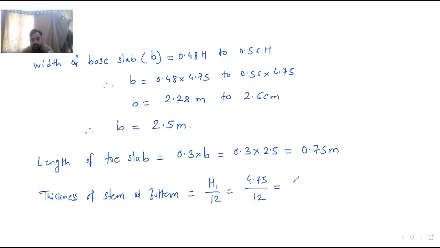So 0.395 means 0.4 meter, which is nothing but 400 mm. 400 mm. Okay. Now I will draw the diagram once again and I will show you all these dimensions in the diagram.